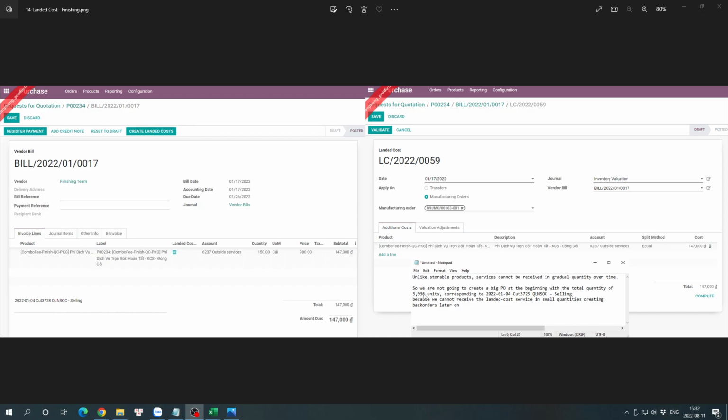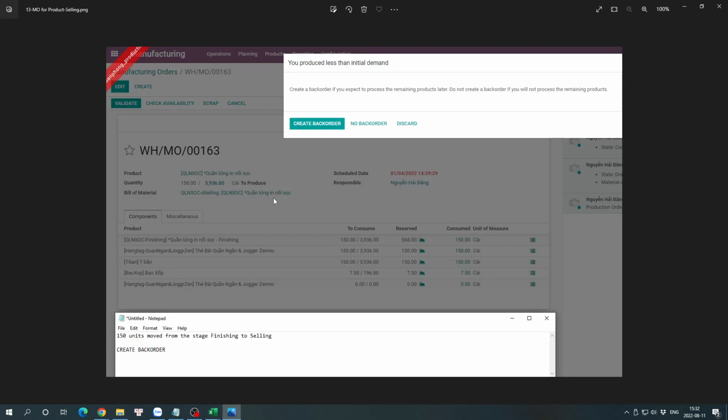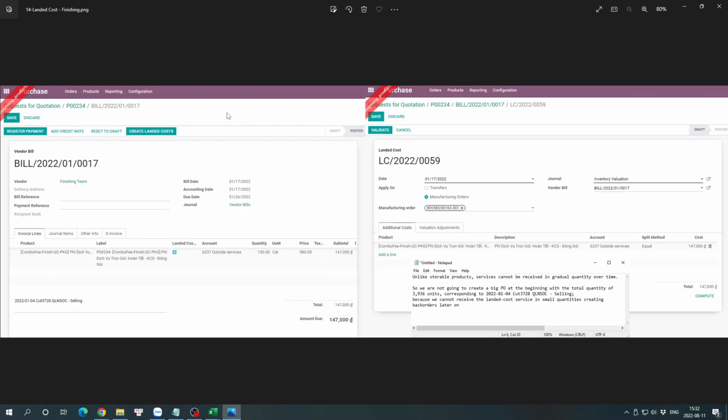There's a very interesting note over here. As you can see, I am creating vendor bills every time I receive output from any production centers, subcontractors, or no, I'm talking about manufacturing orders from internal team. So they finished doing 150 units. I create a purchase order for 150 units, and then I go with this normal process until I match landed cost.